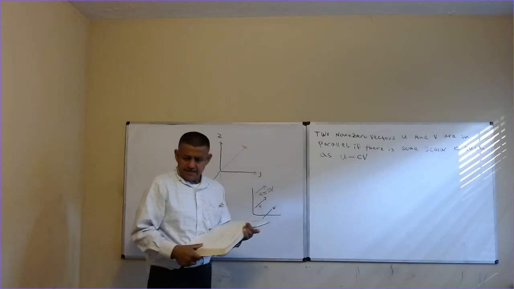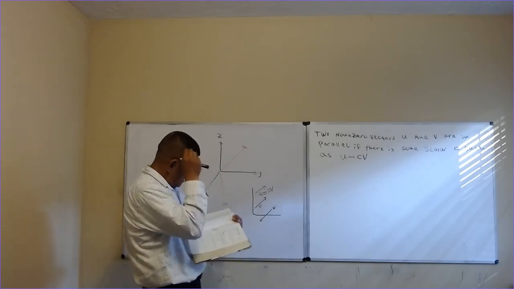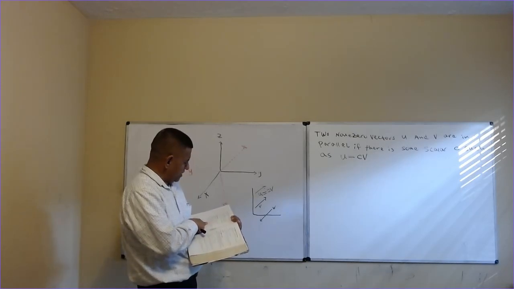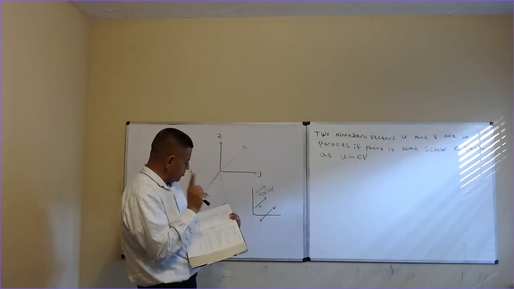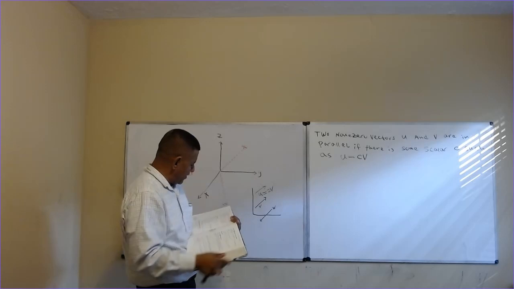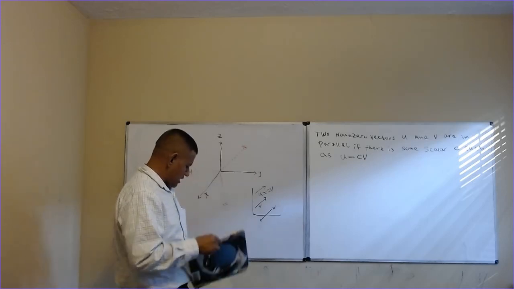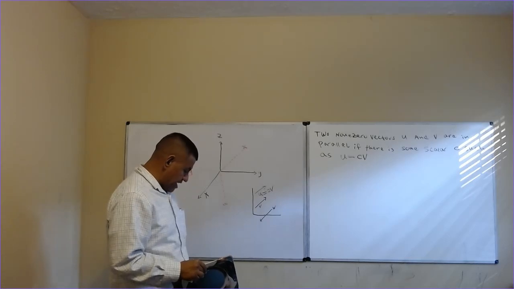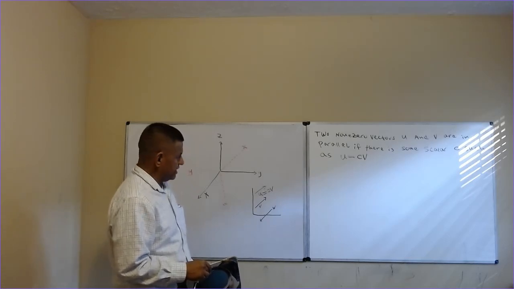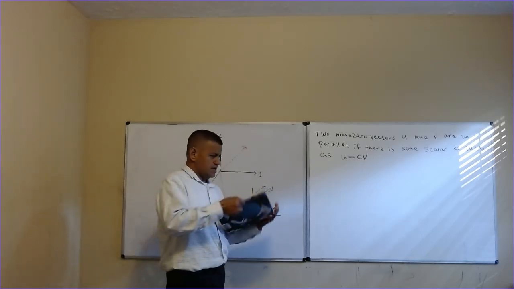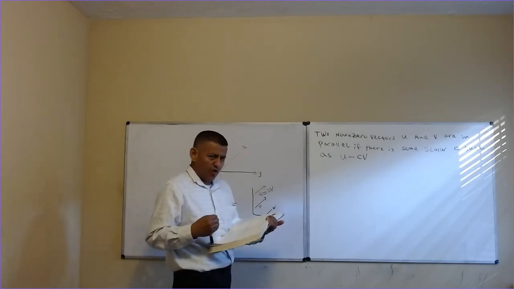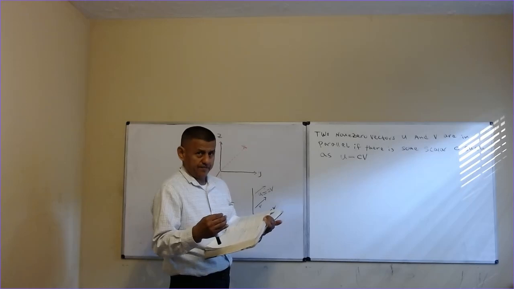Okay, so based on that information, vector U has an initial point. Vector W has an initial point and terminal point, right? That is the purpose of a vector. You've got to have an initial point and a terminal point.